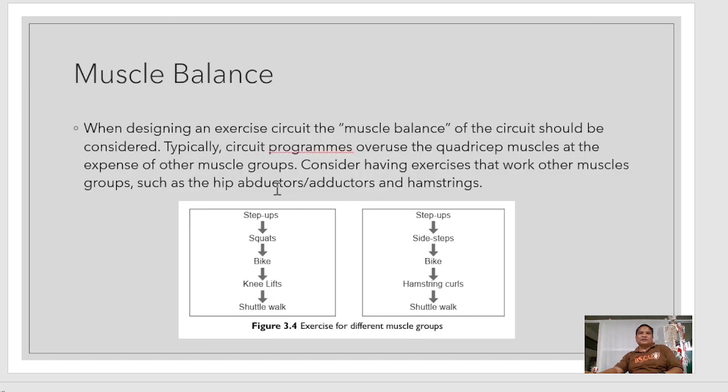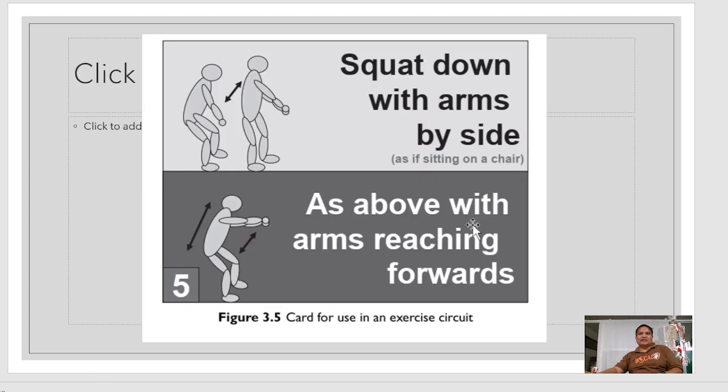So, dapat i-balance po ang muscles, no? Di lang kay dapat sa kuan, apil ang lower legs, apil ang upper extremity, di lang po focus sa quadriceps. Apil po na nimo ang abductors o adductors and hamstrings sa exercise. So, kani siya diri, mo siya mga exercises.